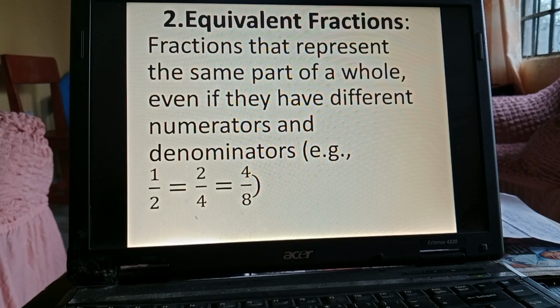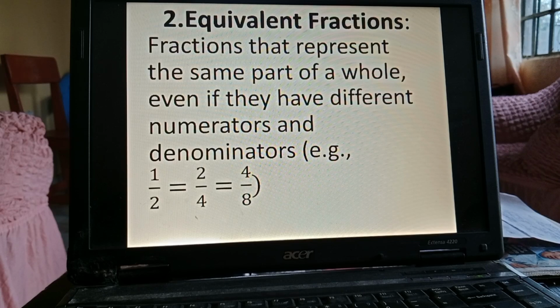E.g., 1 over 2 equals 2 over 4 equals 4 over 8. All those fractions are equivalent. They represent half of a whole.